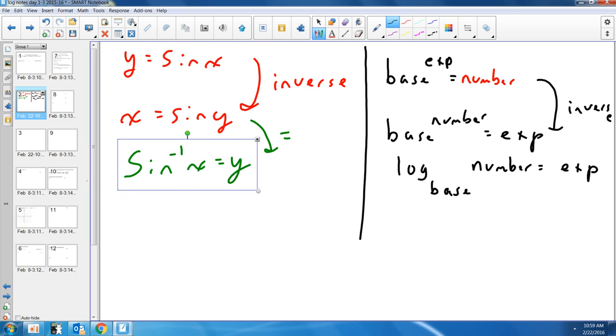I'm creating this log function so I can set it equal to the exponent. Instead of having my x and y switched, like I did here, I can create a log function and set it equal to y. And you'll see that in examples. But that's why we have a log function, is because I can write this in terms of y, write this one right here.